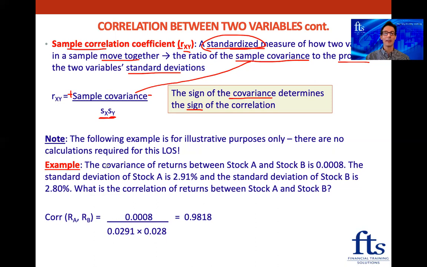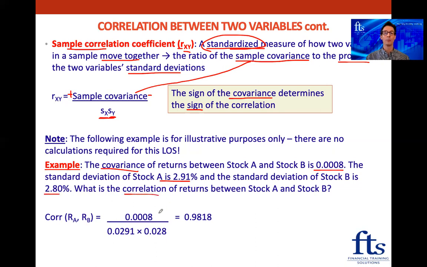So they've given us here the covariance of returns between stock A and stock B. It's 0.0008. And the standard deviation of stock A is 2.91%, and the standard deviation of stock B is 2.8. So what is the correlation of returns between the two?